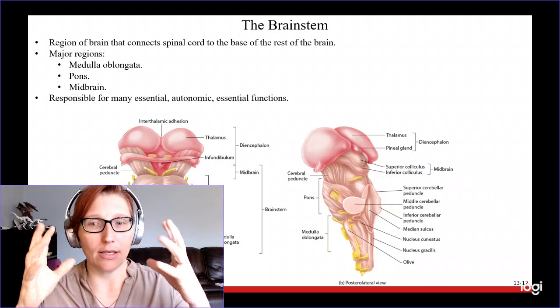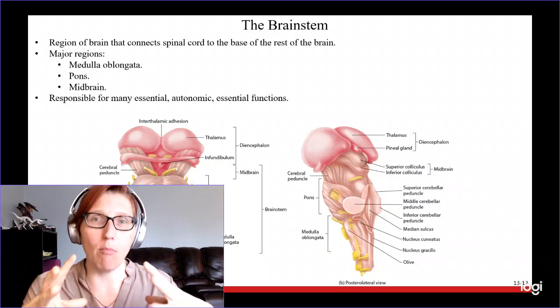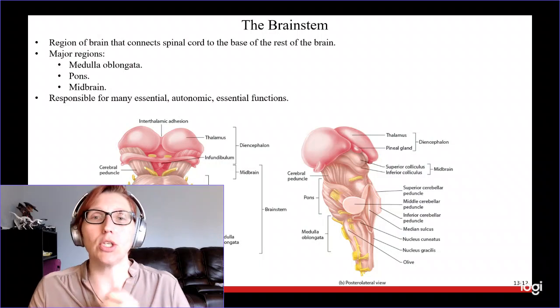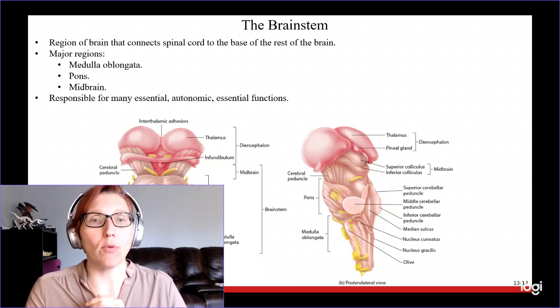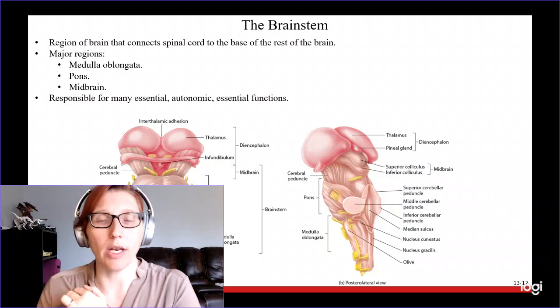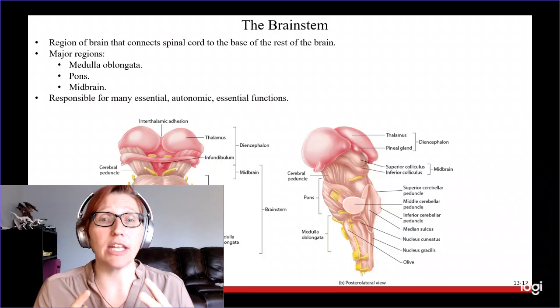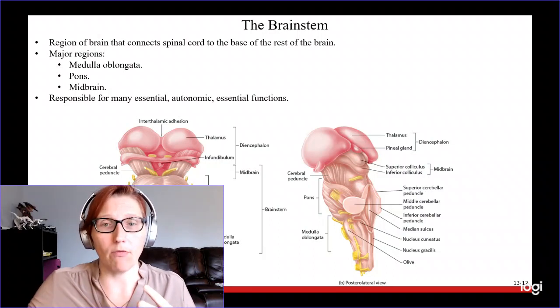It is where the limbic system or the lizard brain is contained. So make sure that you know the three main regions of the brainstem, and we're going to break those down really quickly in the next few slides, and that it is the part that is essential for those autonomic functions.